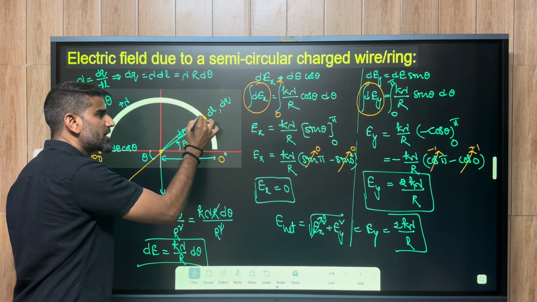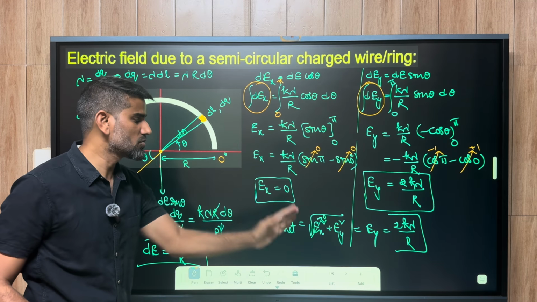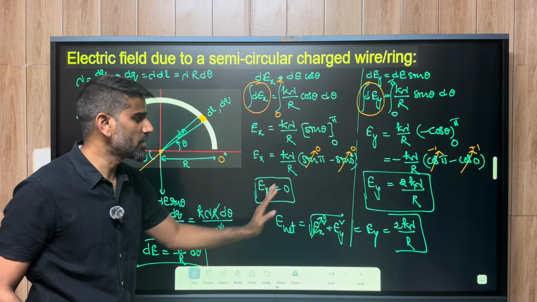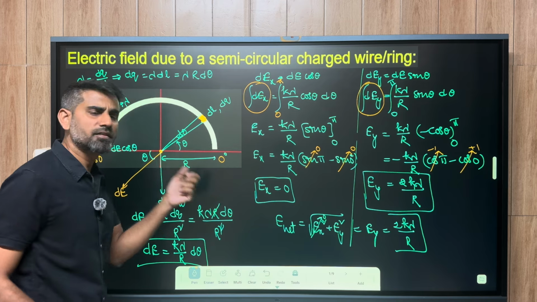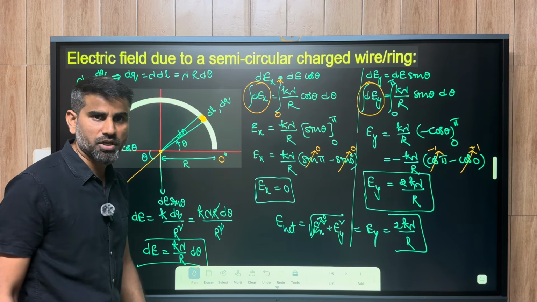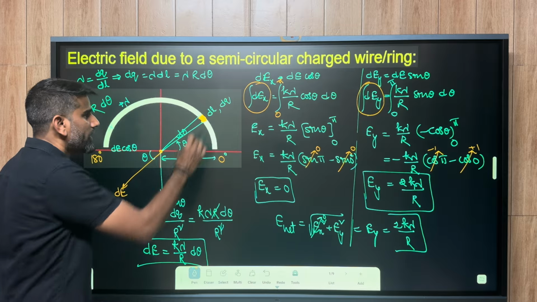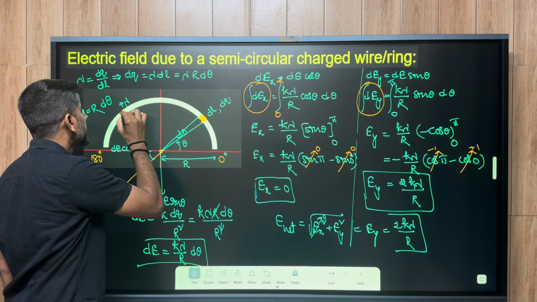Like I considered the element here, this entire analysis is done, the derivation is over, the formula is obtained. But I want to make it a little simpler by using basic common sense of symmetry. Now, like this element, we also have an element somewhere here.